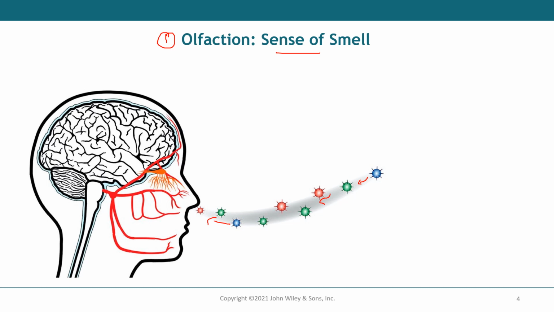In the superior part of the nasal cavity, you have between 10 and 100 million receptors that are involved in turning that chemical smell into a chemical signal that will later be processed in a specific region of the brain.